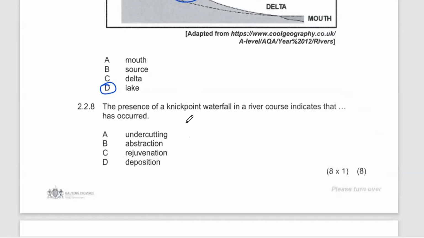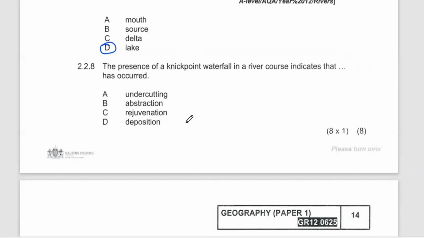Number 2.28 says the presence of a nick point waterfall in a river course indicates that dash has occurred. What facilitates the development of nick point waterfalls is rejuvenation. If a river has renewed its energy, it will start eroding again.